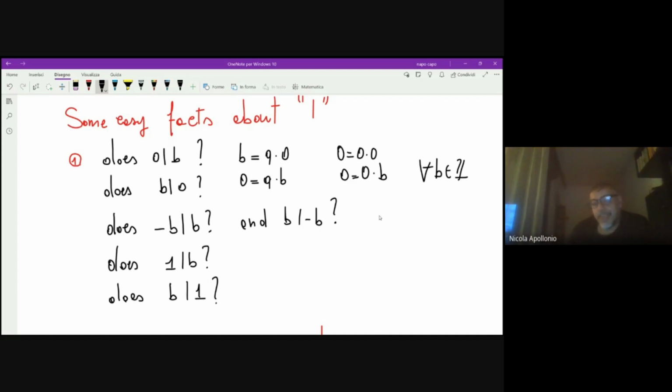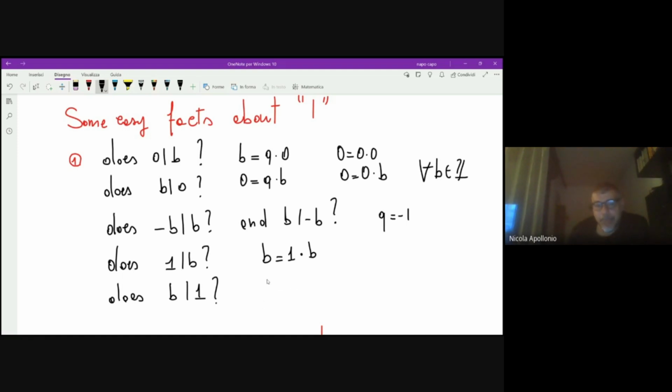Yes, of course, just take Q equal to minus 1 in both cases. Is it true that 1 divides B? Yes, of course, for every B, because B is always 1 times B. And the converse is also true.